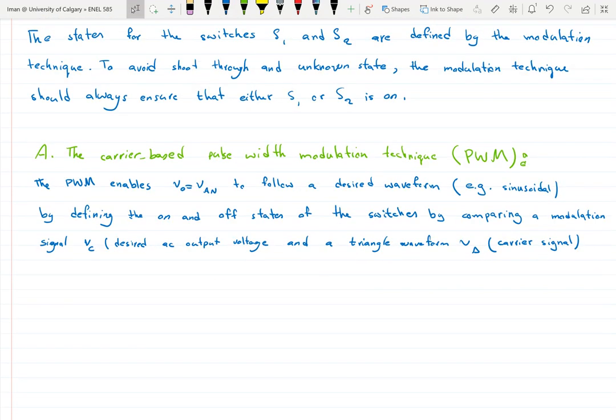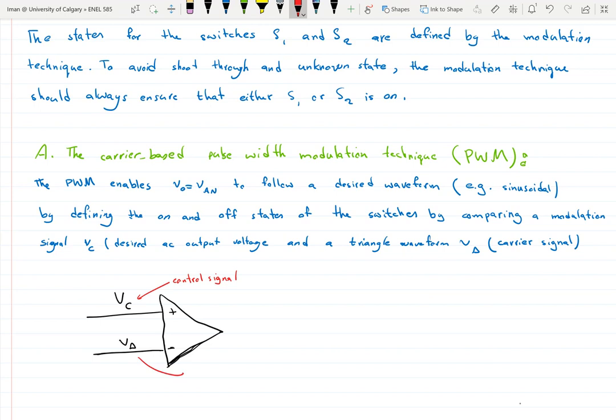Okay, so we have a comparator which at the positive terminal I have my VC, which is my control, and at the negative terminal I have V delta, which is a triangle shape waveform. So this is the control signal, and this is the carrier signal.